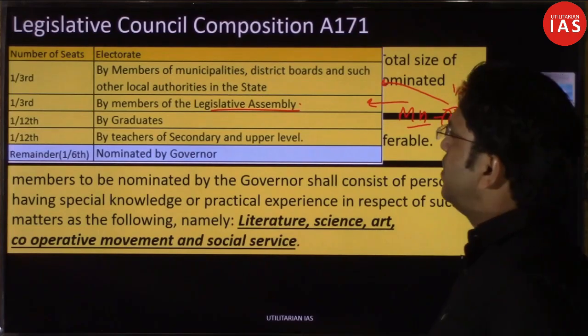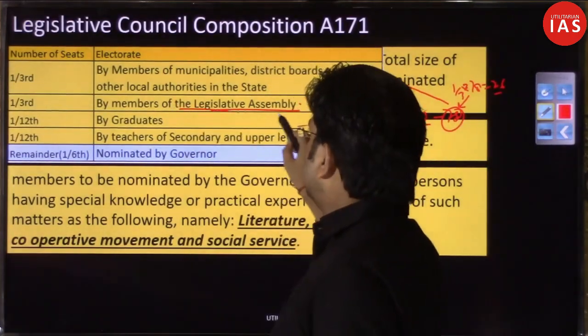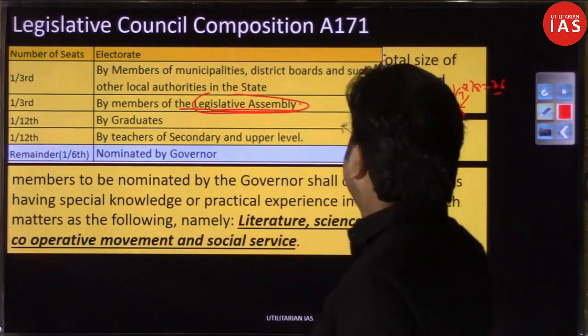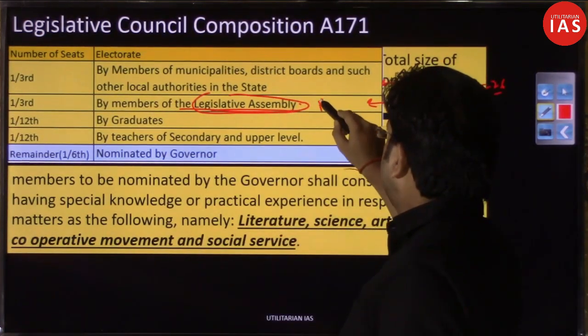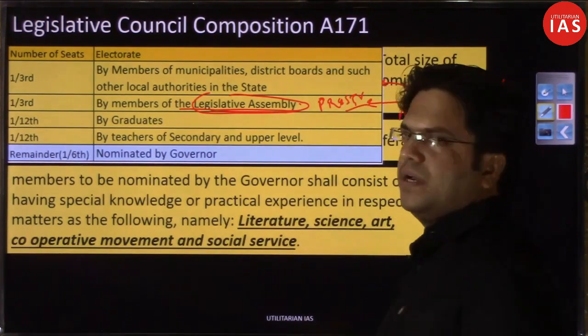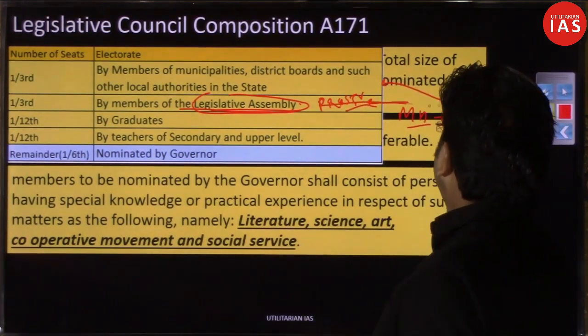So those 26 members will be elected by members of the legislative assembly using proportional representation by single transferable vote. That is how 1/3 of the members will come.